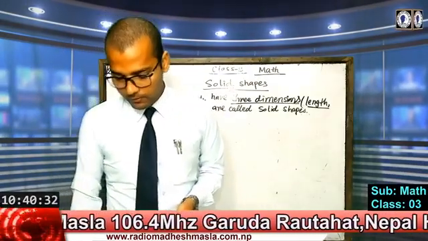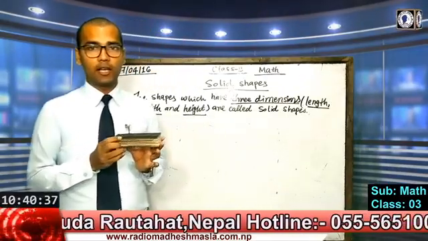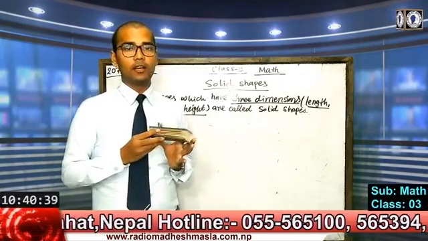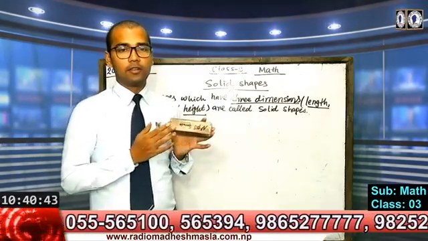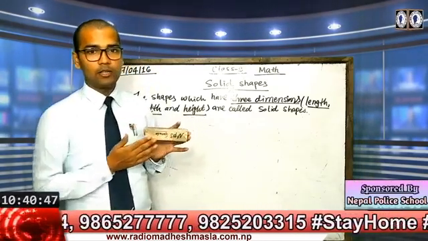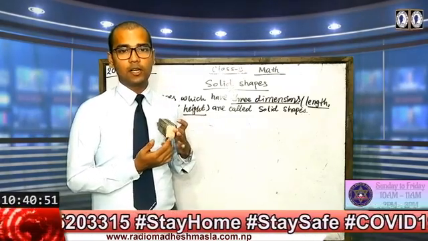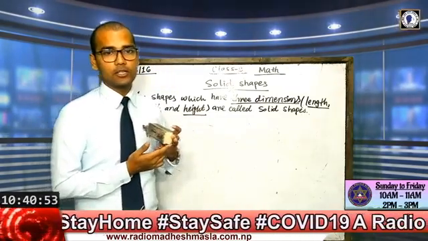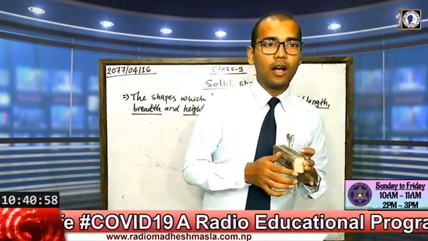We have here a duster. This is the length of this duster. In the same way, this is the breadth of the duster, and this is the height of the duster.